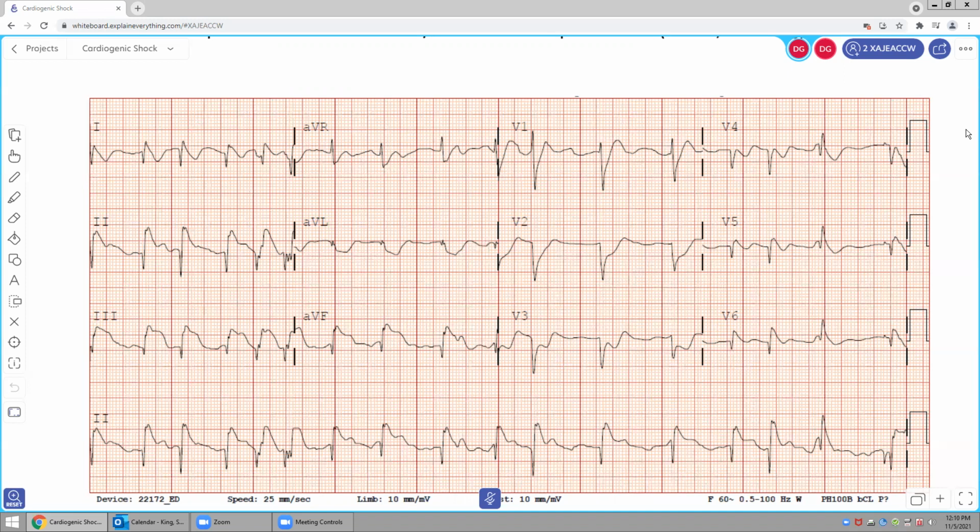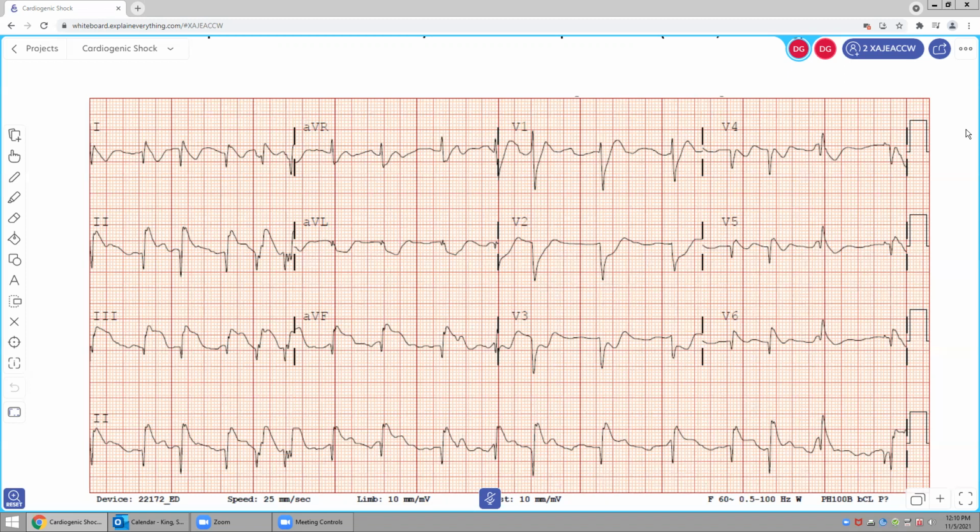Great. Irregular, variable, highest about 150. Irregularly irregular, is there a pattern? Agreed, irregularly irregular. Do you see clear P waves? Great. And then tell me about the ST segments.